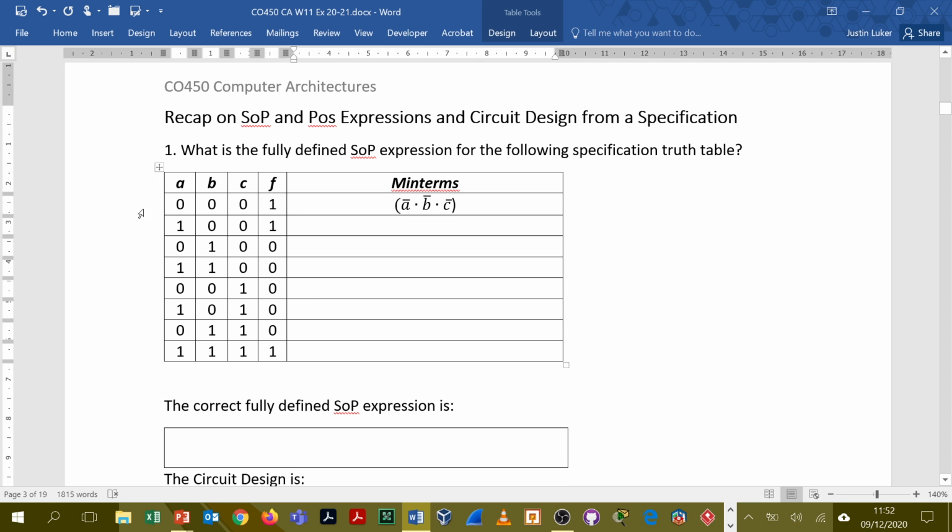So that's the first min term for this output. It makes sense when you think about it.